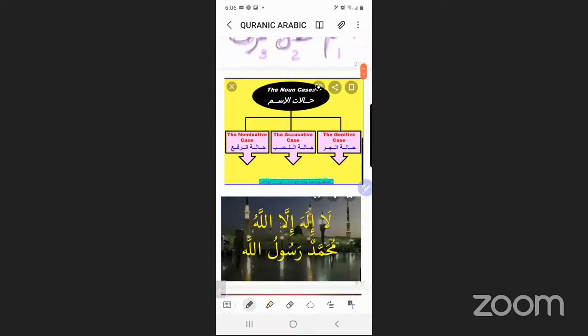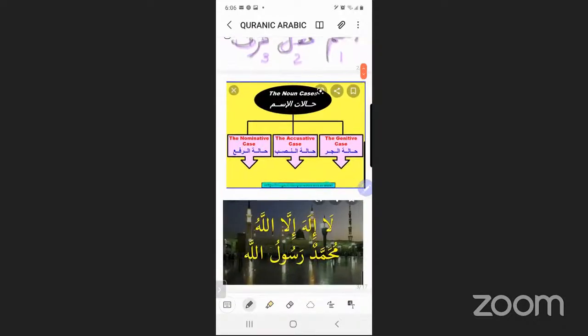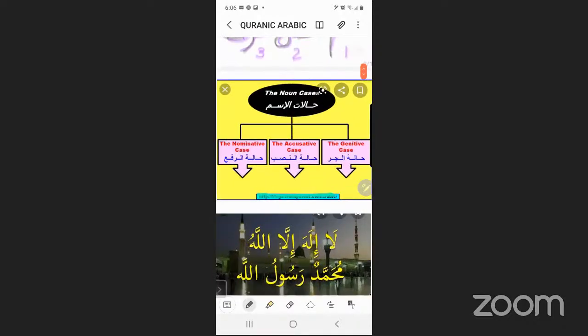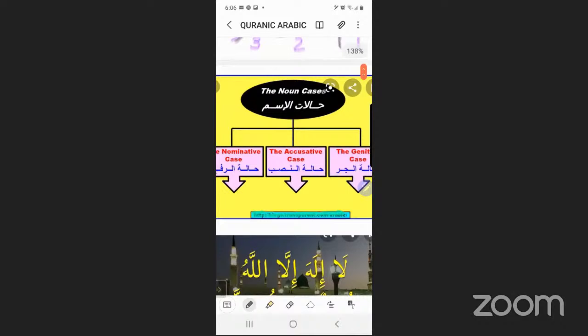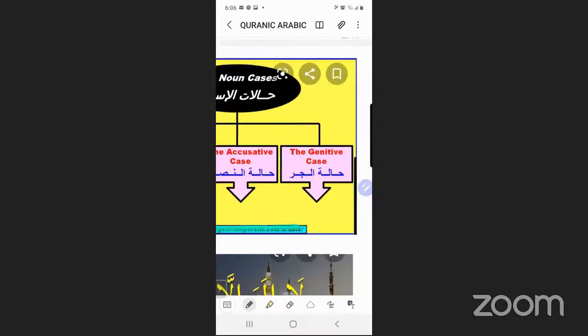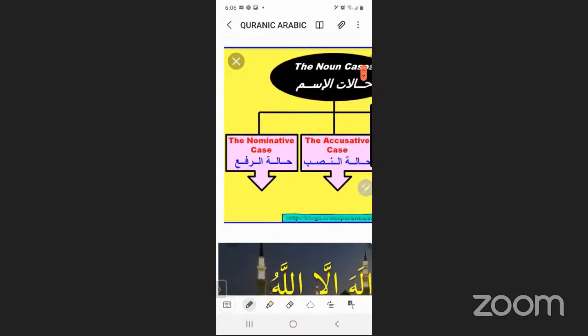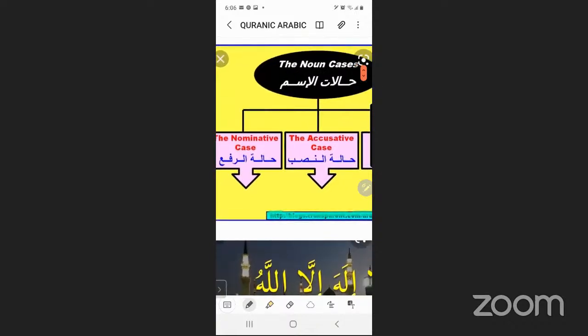And here we can see halat ism. It means noun cases, and the nominative case.